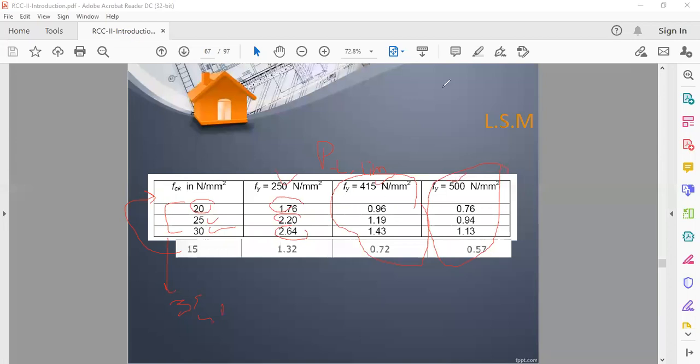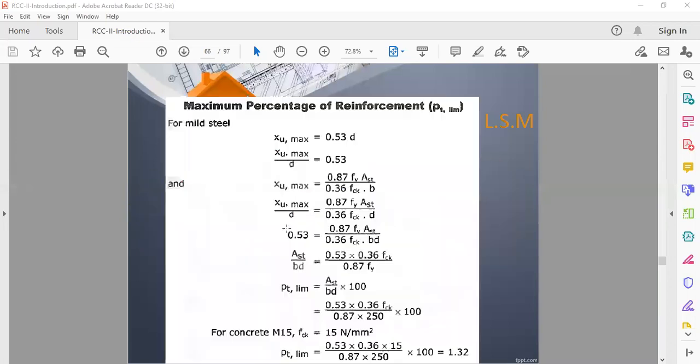As you have seen in the earlier slide, this depends upon the value of Xu max by D and this PT limited. So you have this one factor and then fck also. For mild steel, if you go on changing this fck, you will get the values.